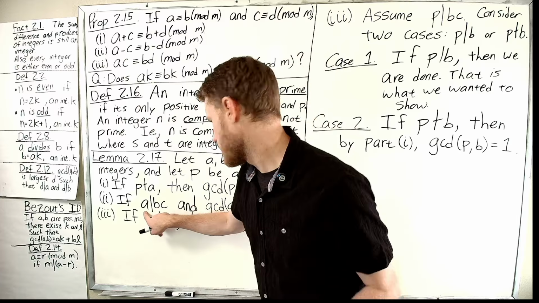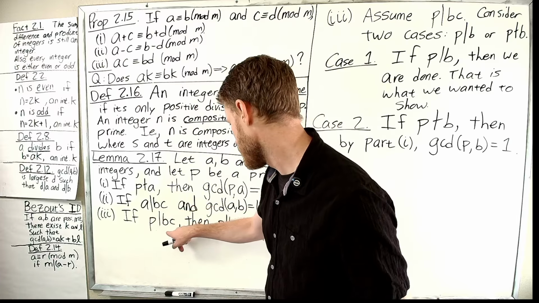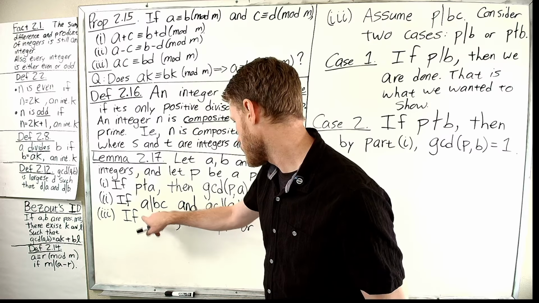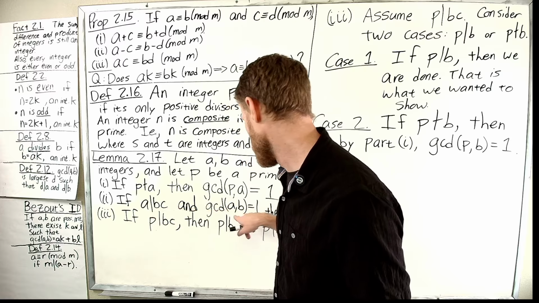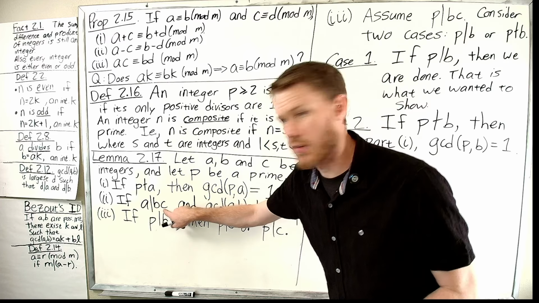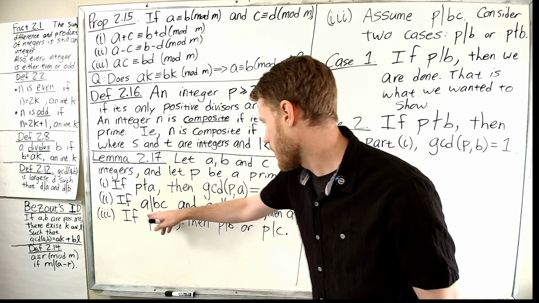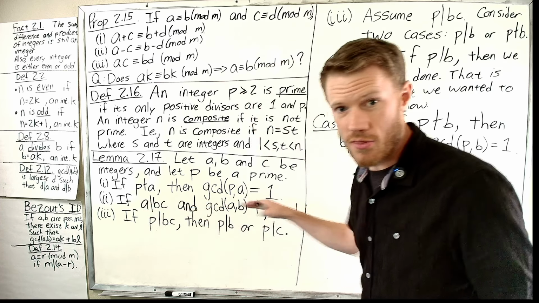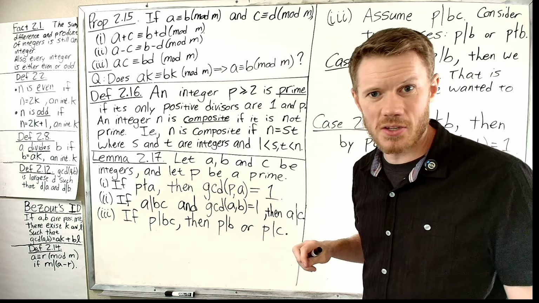So P is taking the place of A. So P divides BC, we're assuming that. And the GCD between P and B is 1. Therefore, P must divide C, right? So for any integer, including primes, if you replace P with A, we have the two assumptions.